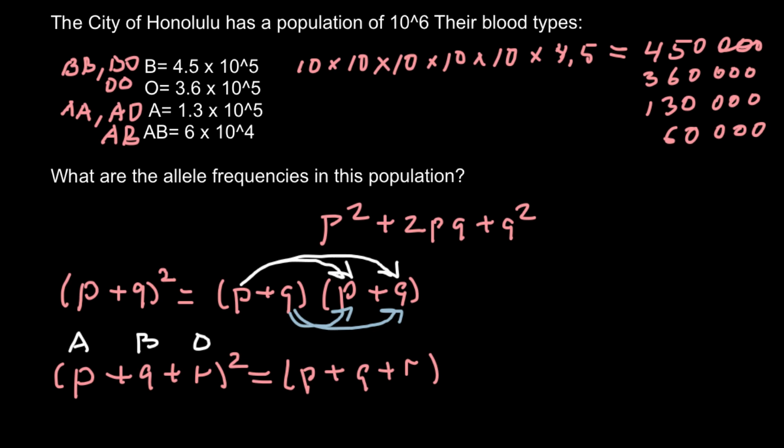Also I want to note that allele A and allele B are codominant, and allele O is recessive to both allele A and B. That's why when we have alleles A and O, the blood group still would be A, and when we have alleles B and O, the phenotype still would be B, because B is dominant over allele O, and allele A is dominant over allele O also.